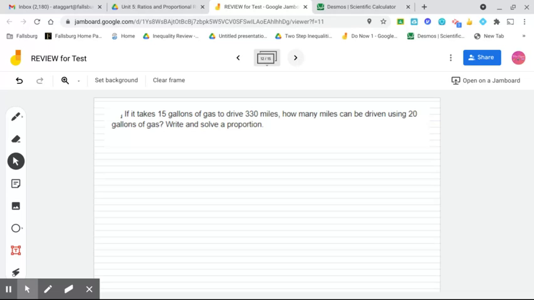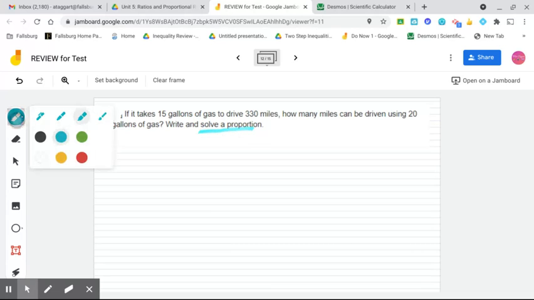Next one, if it takes 15 gallons of gas to drive 330 miles, how many miles can be driven using 20 gallons of gas? Write and solve a proportion. All right, so we're going to solve this writing a proportion.